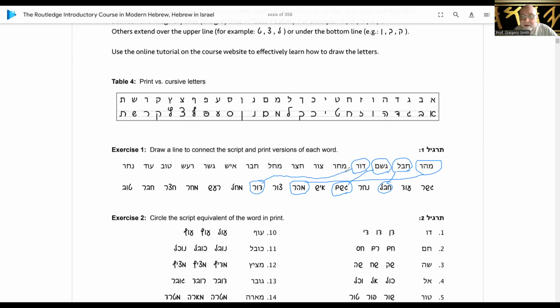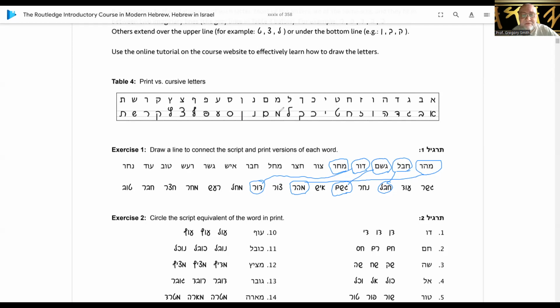So now we have mahar. I think that means after. Machar. Tomorrow, yeah. Okay, so then we're looking for the mem again.